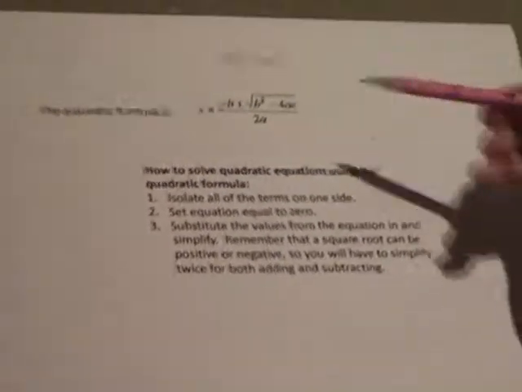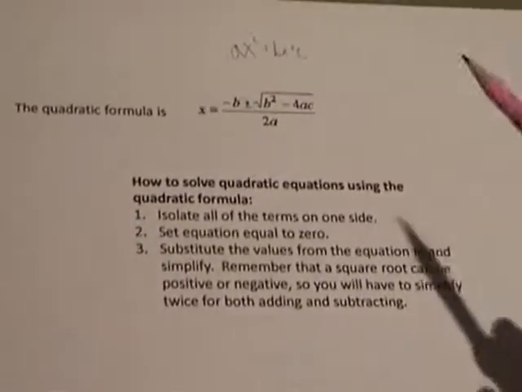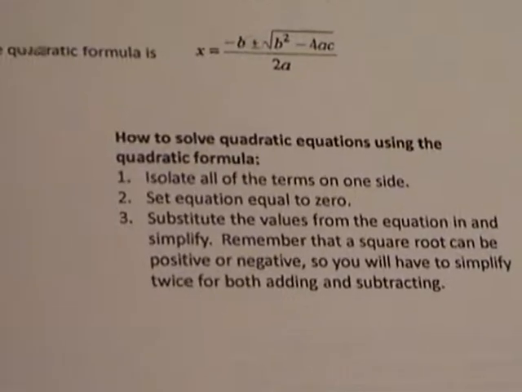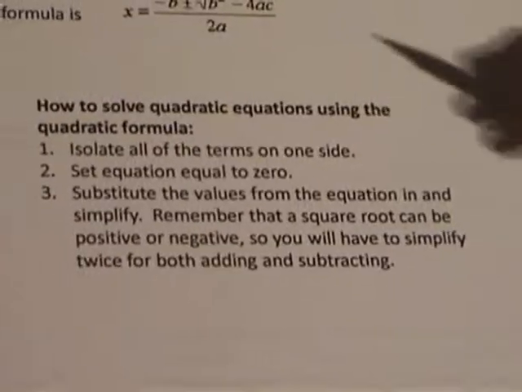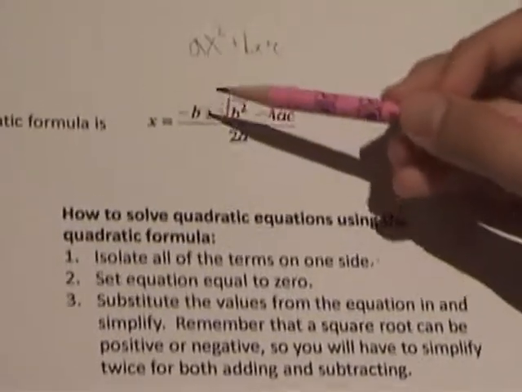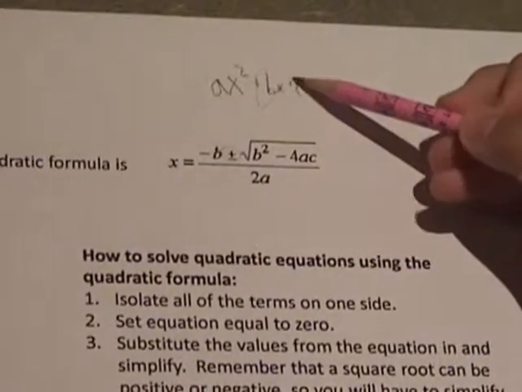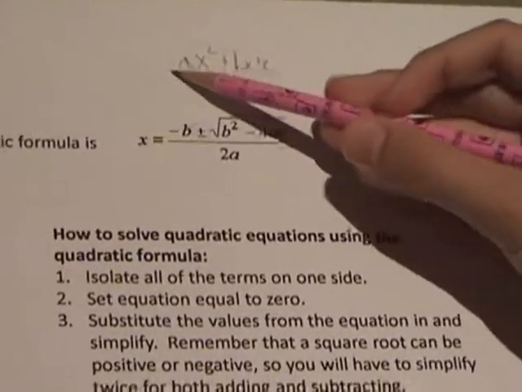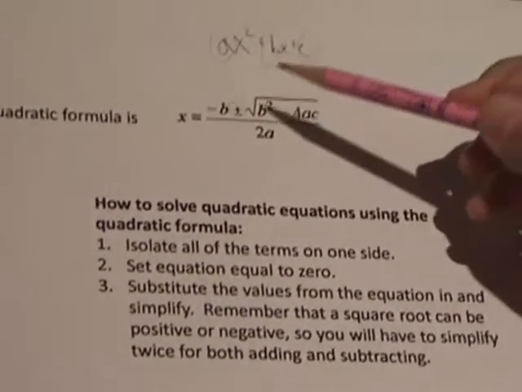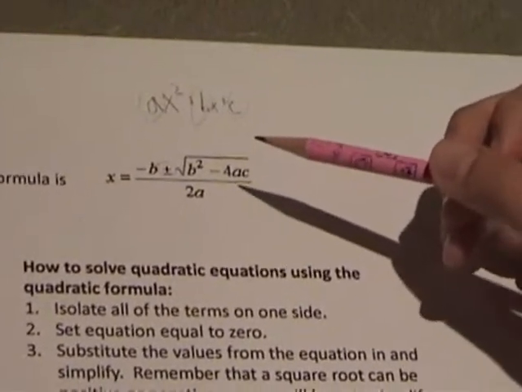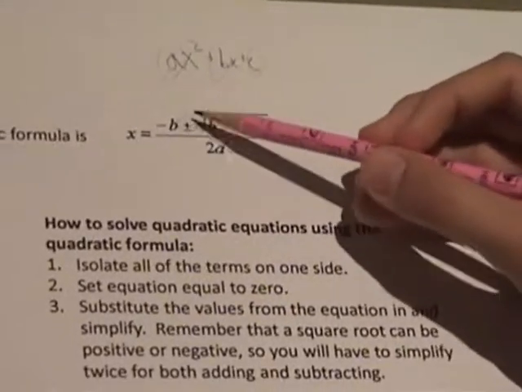Now, the way you do this is you isolate all terms on one side, then set the equation equal to 0. Then substitute your values, your b value, your c value, your a value, into the quadratic formula and simplify it.